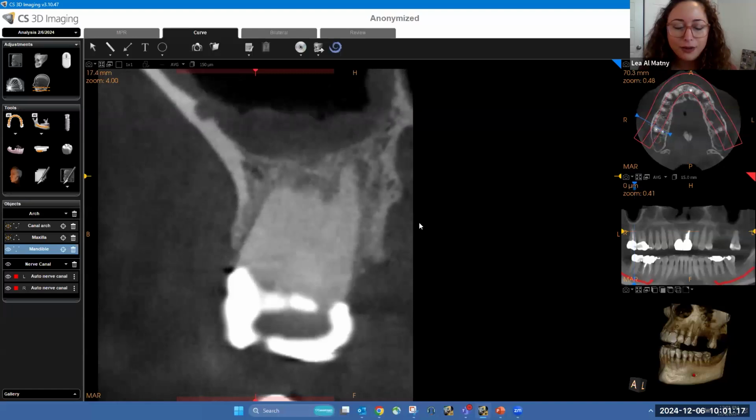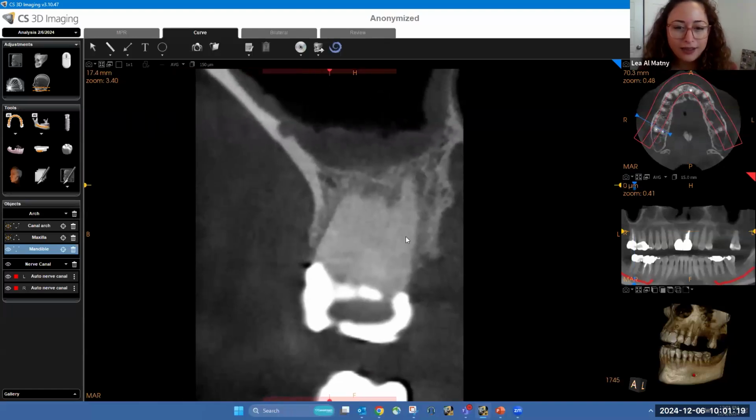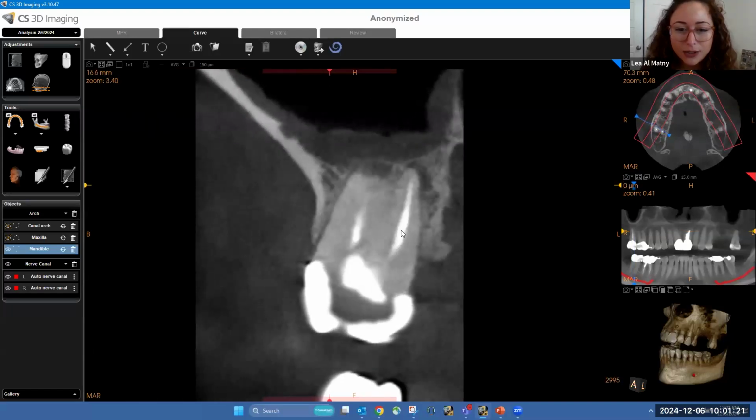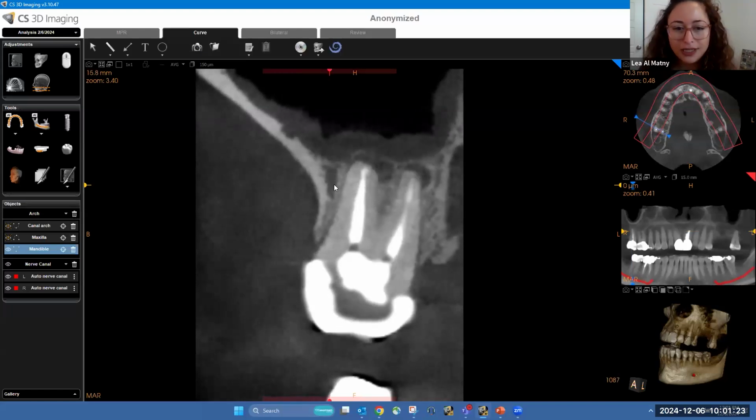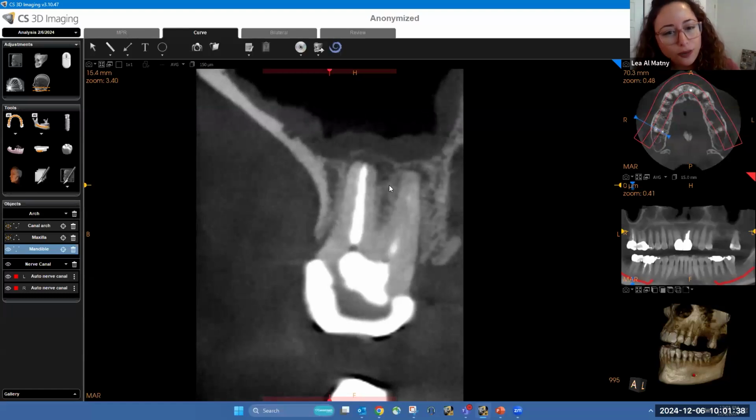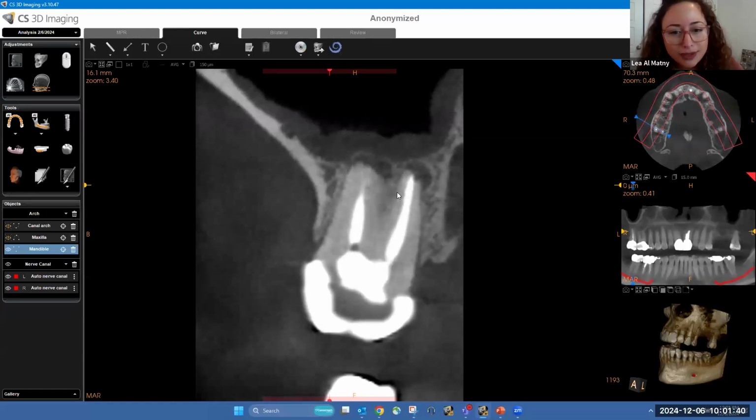If we look at the findings on these cross sections, we can see it's endodontically treated, and there are 2 low density areas around the apices of number 2. So at this point, we could be thinking if this is a scar or if it's an active lesion. Of course, we need more information, like when the treatment was completed and whether the patient is symptomatic.